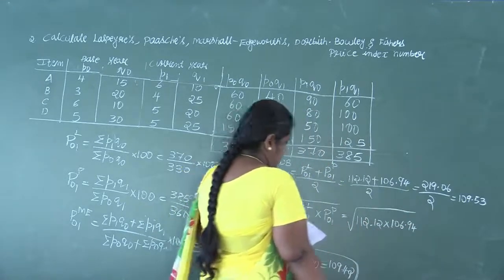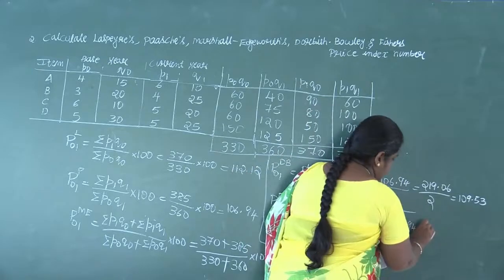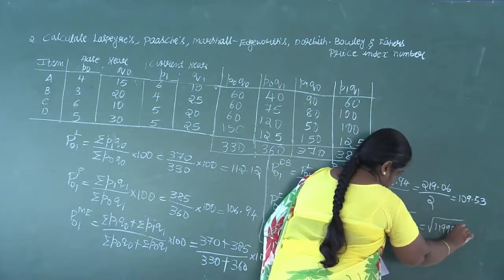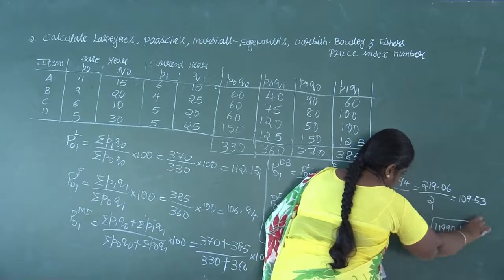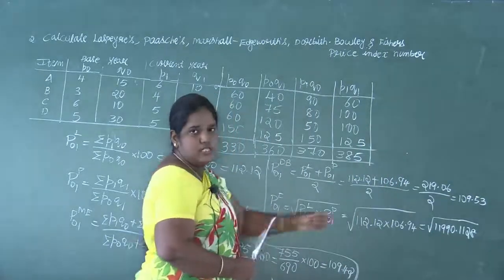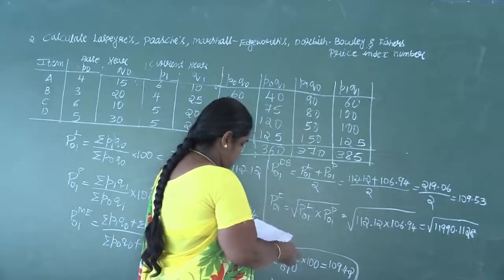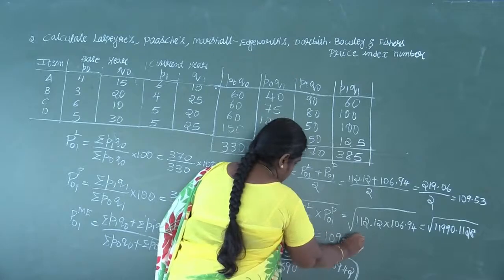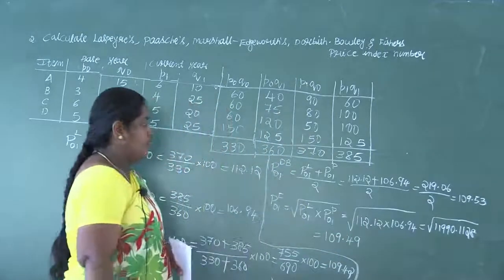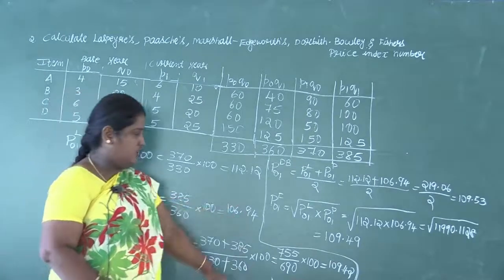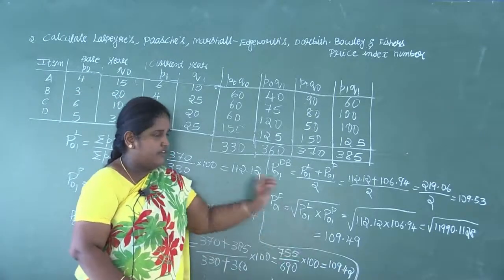When we multiply, we will get 11,990.1128. And it is compulsory after the decimal you have to take 4 numbers since we have a square root. Then take out the square root of that, we'll get 109.49.